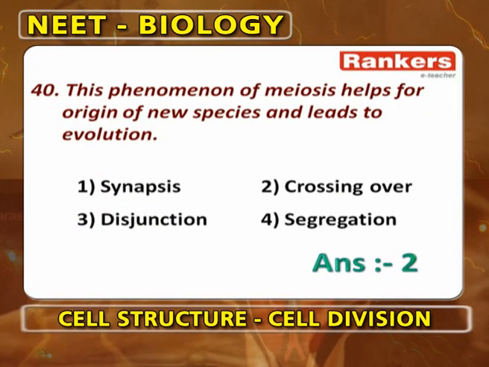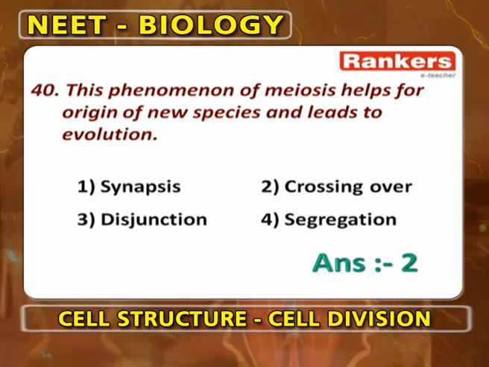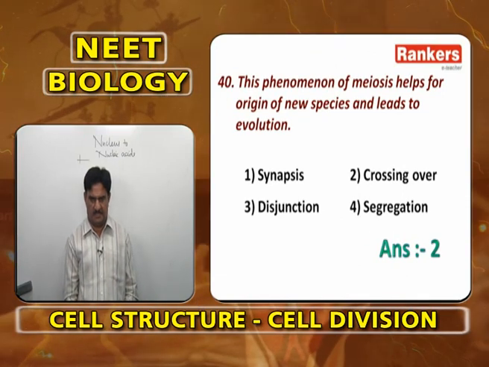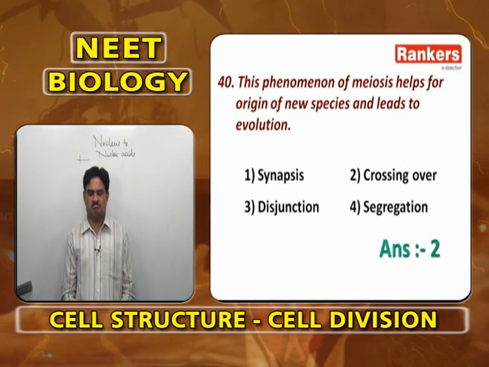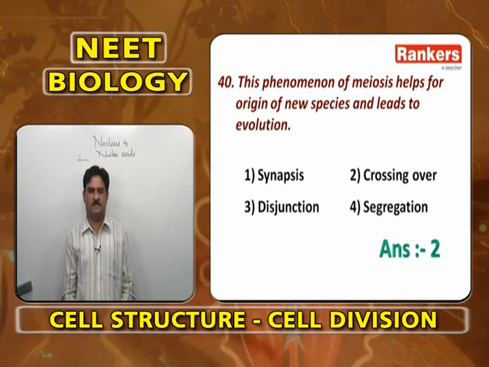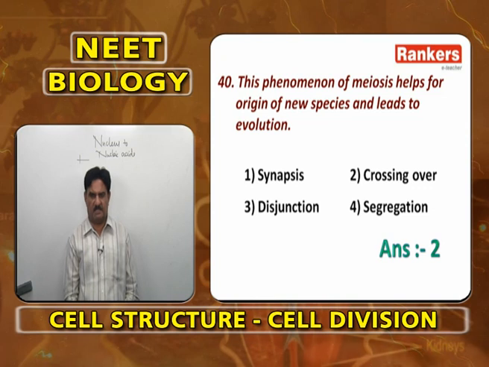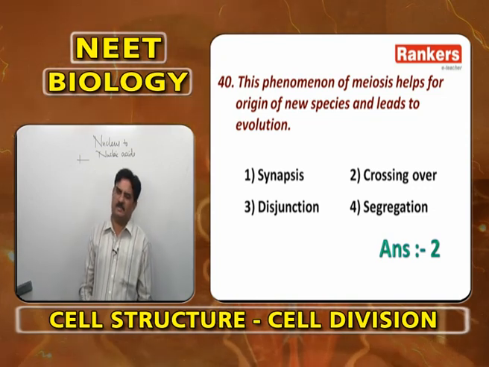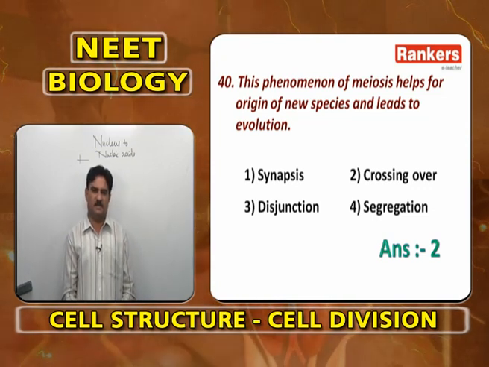The phenomenon of meiosis that helps in the origin of new species and leads to evolution is crossing over. Synapsis is pairing of homologous chromosomes, formation of bivalents. Disjunction is the movement of homologous maternal and paternal chromosomes, converted into genomes, to various poles.